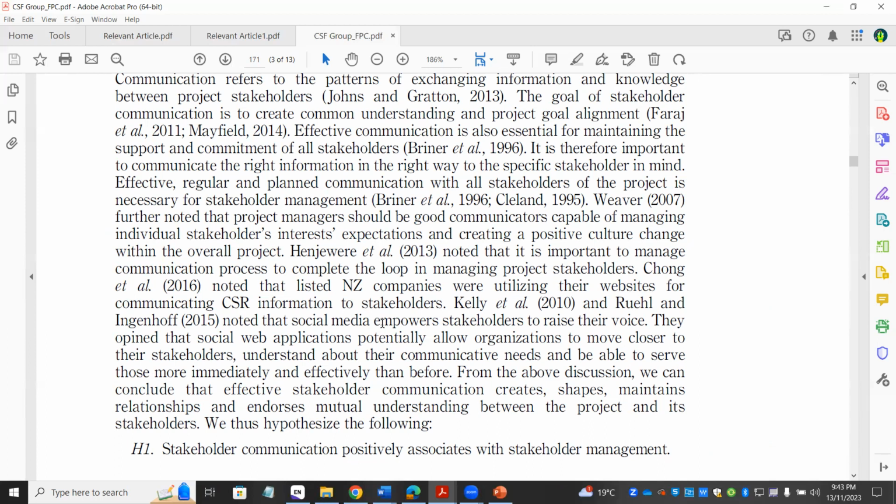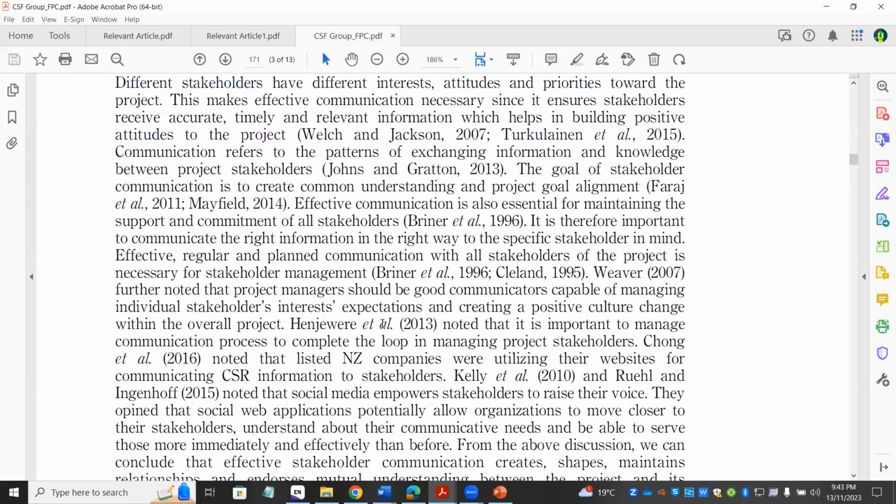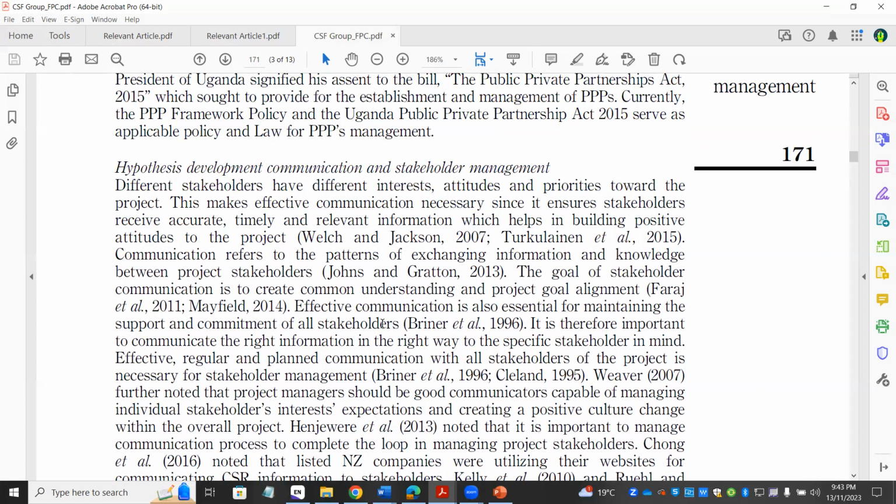Don't base it on the 2 or 3 articles I sent to you. If it's based only on them, you're going to have a narrow view of how hypotheses are developed, and it's going to affect you for the rest of your studies. So try and read other papers.